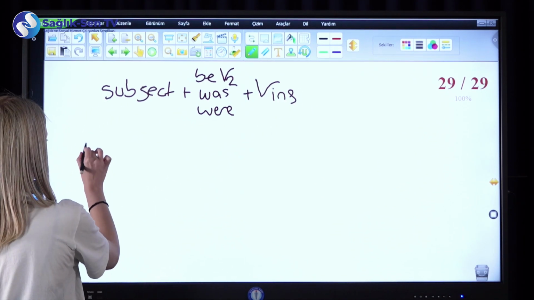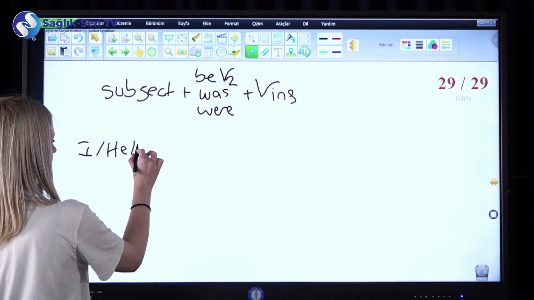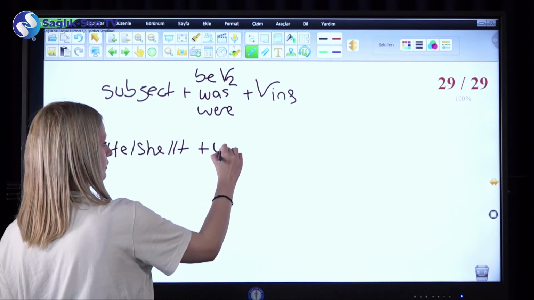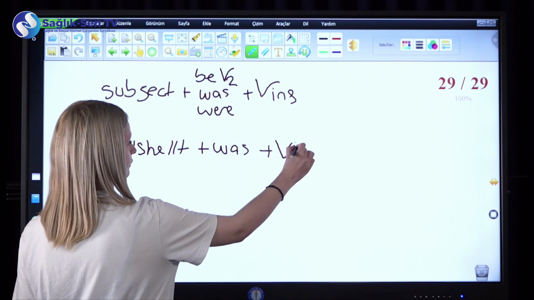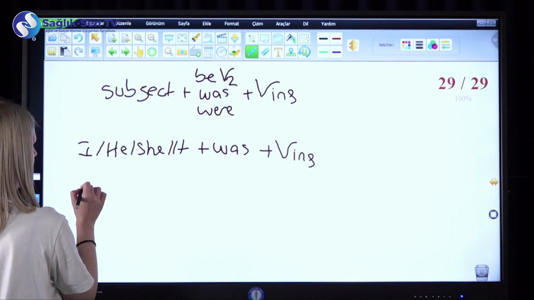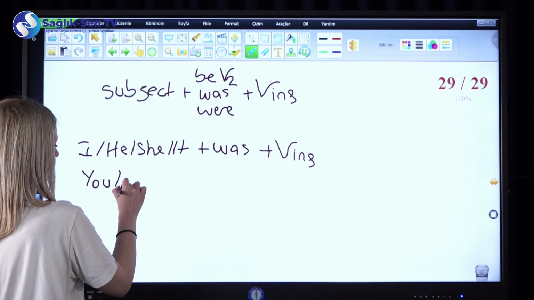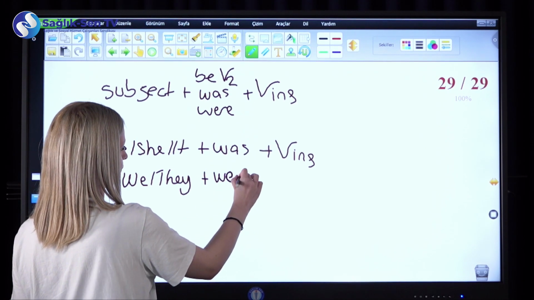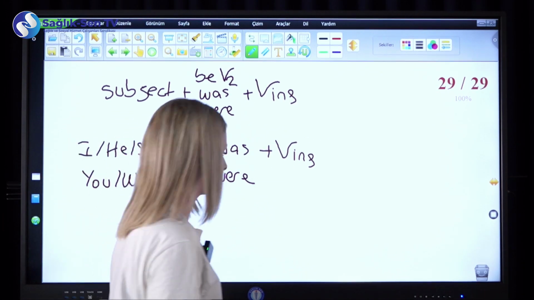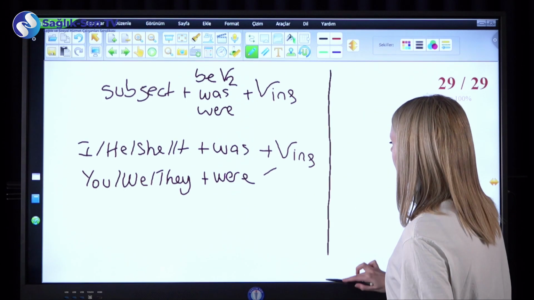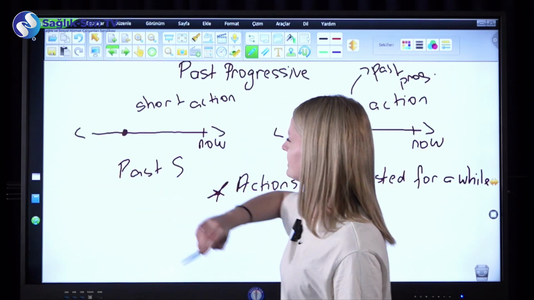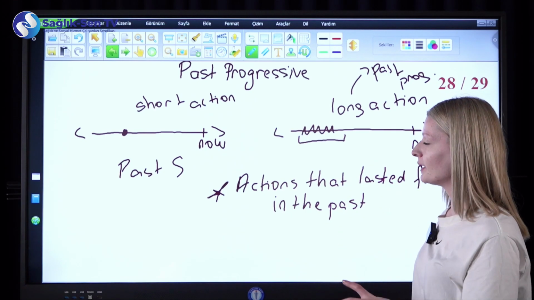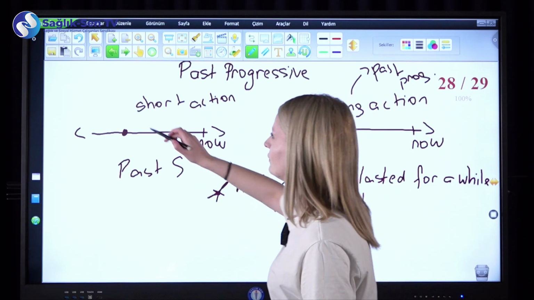After I, he, she, it subject pronouns, we use was plus verb ing, and after you, we, they subject pronouns, we use were plus verb ing. So this is the basic form of past progressive, but when do we use it?